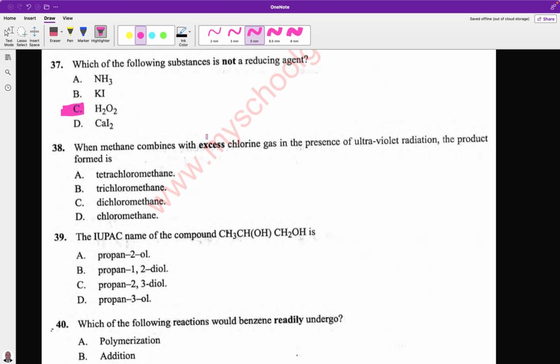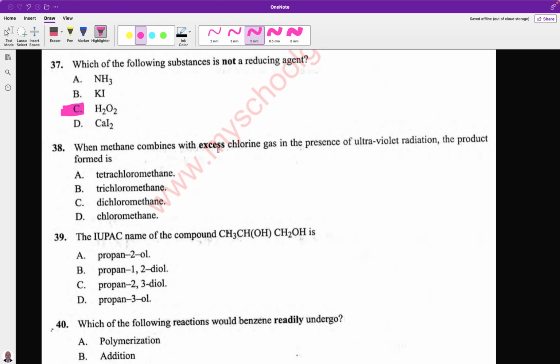That is why they have mentioned excess chlorine. If there is excess chlorine, it means that all the hydrogens are going to be substituted. And if all the hydrogen in methane are substituted, the product will be tetrachloromethane.